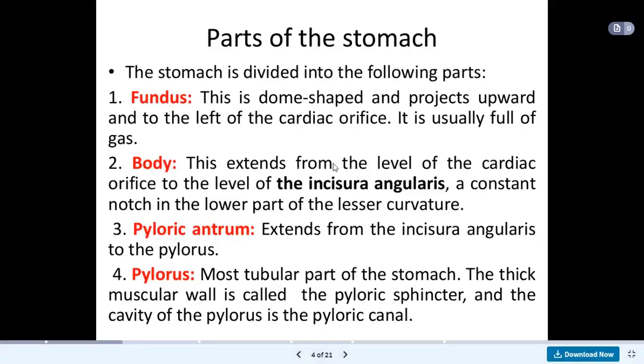The body extends from the level of the cardiac orifice to the level of the incisura angularis, a constant notch in the lower part of the lesser curvature. So let's go back to this diagram.